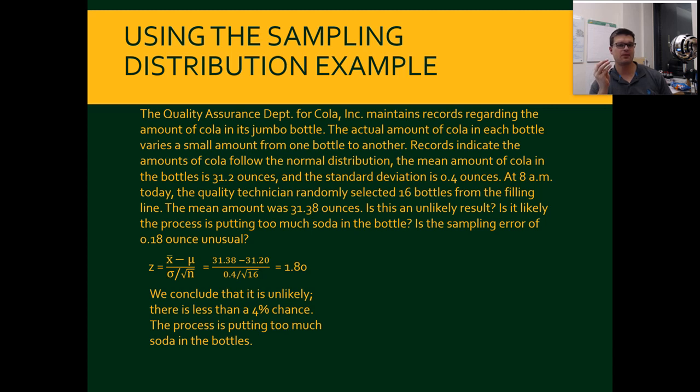So at 8 a.m. today, the quality technicians randomly select 16 bottles. This is the sample, so this is the lowercase n. Then this is the population standard deviation, sigma, and this is mu.